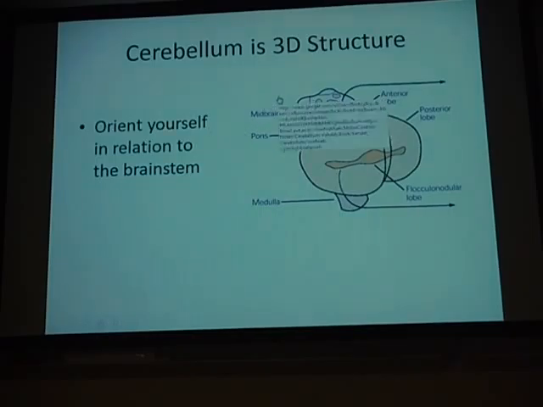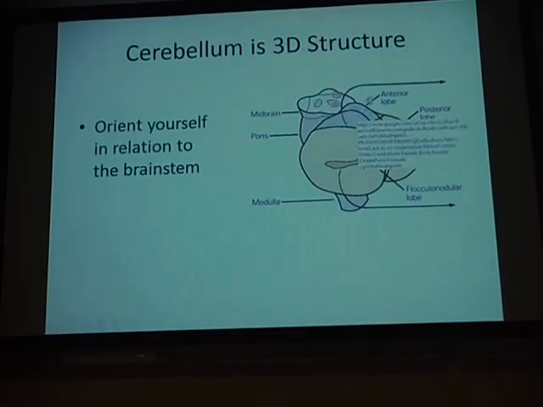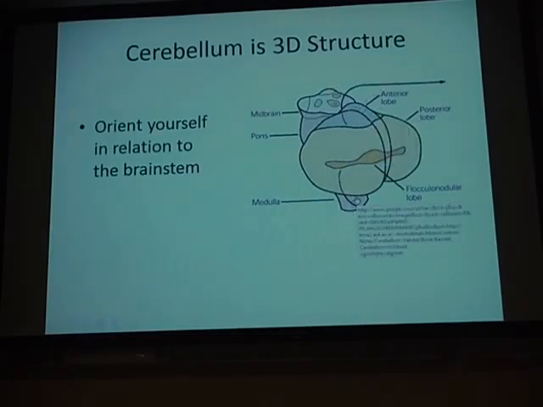If you think about it first in relation to the brainstem, the surface that is facing the brainstem is going to be the anterior surface of the cerebellum. This back part, opposite of that, is going to be the posterior surface. If you look at it from above, that's the superior view. And if you look at it from below, that's going to be the inferior view.